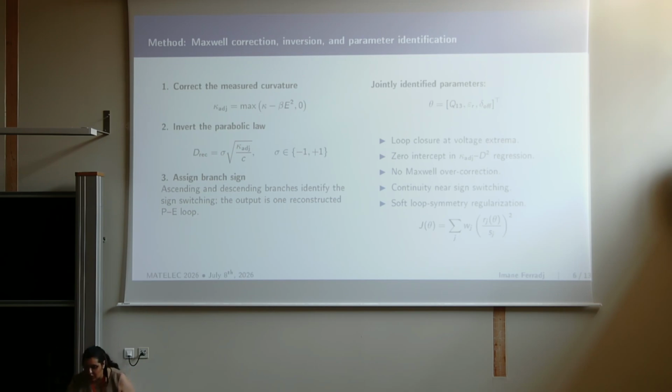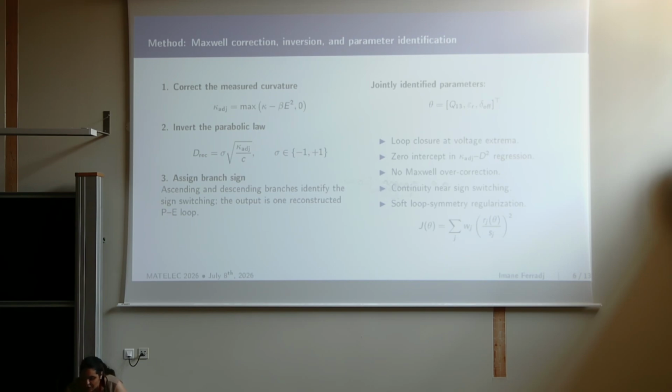The second condition is that if we look at the loop curvature versus polarization squared, the regression should be linear and go through zero. And there shouldn't be overcorrection when the Maxwell effect is removed, meaning that the corrected curvature should always be positive.